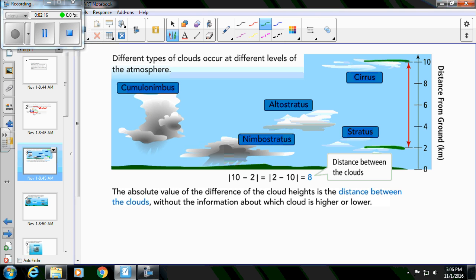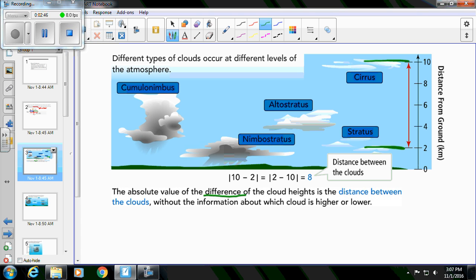The difference between those, we always remember the distance, they tell us, is the difference. Okay, difference means subtract. So if I do 10 minus 2 is 8, okay? It's the same as if I had done 2 minus 10, I'd still get 8, because I have to take the absolute value.